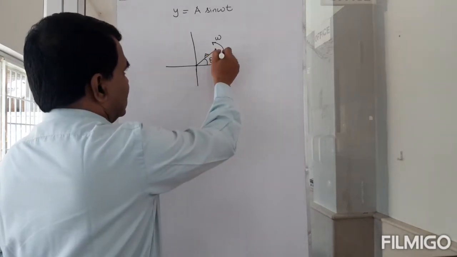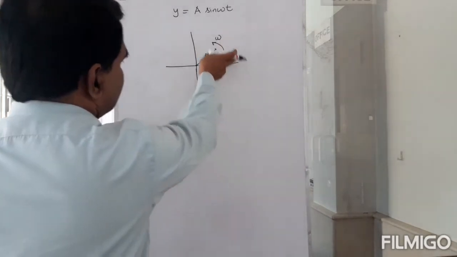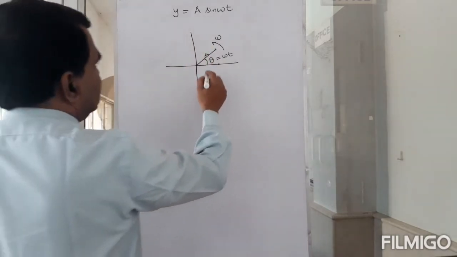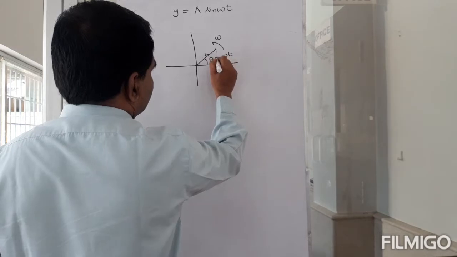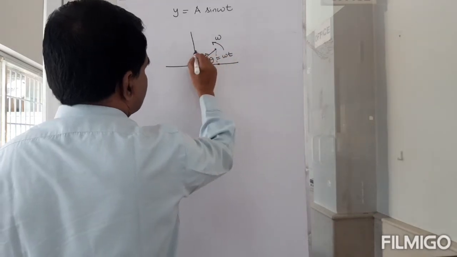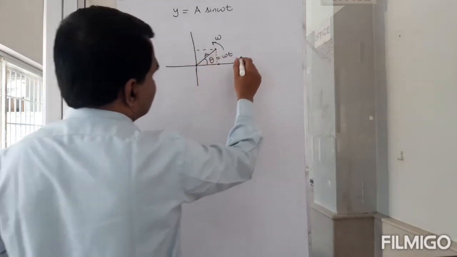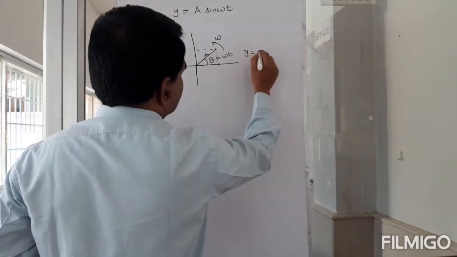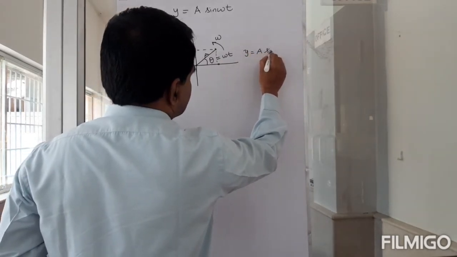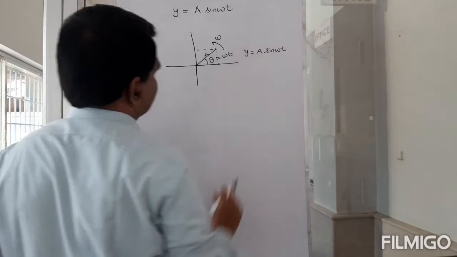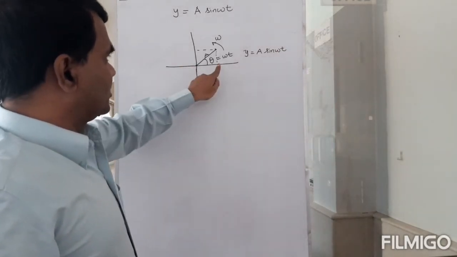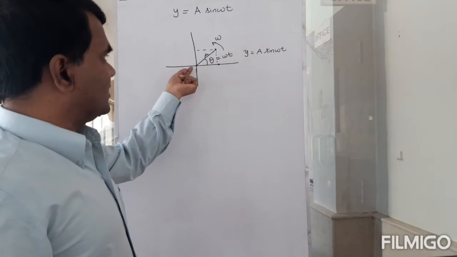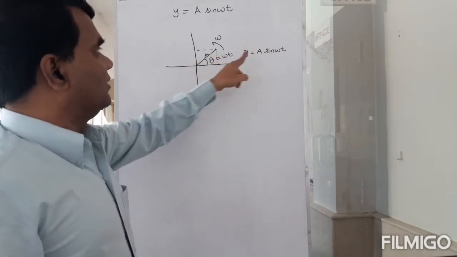So this is a rod. If I rotate this rod around this, you see the projection of that along the y-axis is going to be equal to y is equal to a sine omega t. At time t equal to 0, the projection of this rod on the y-axis is 0. There is nothing there.